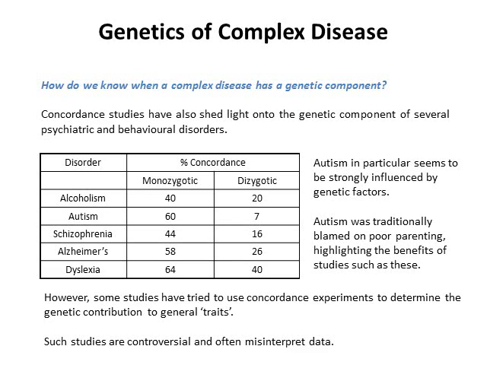There's a strong genetic component for other diseases such as Alzheimer's and schizophrenia in particular. Less so for alcoholism and dyslexia, but it's still present. It still seems that there are genes which are contributing to these disorders as well. Now you can take this to the nth degree, and in fact there have been some controversial studies where people have tried to use concordance experiments to demonstrate a genetic contribution to more general traits: violence, breaking the law, aggression, things like that.